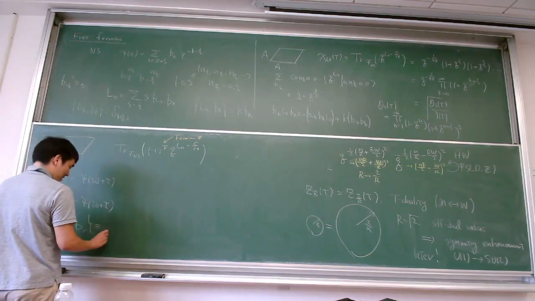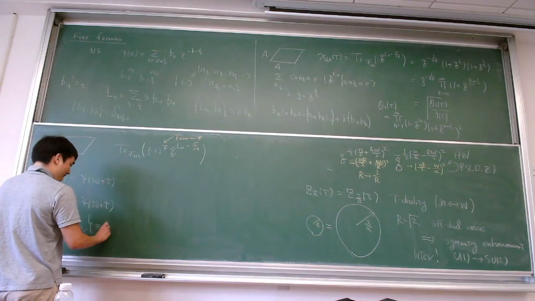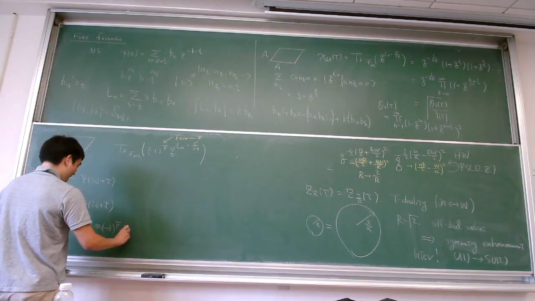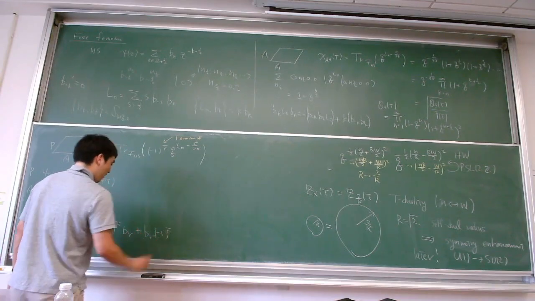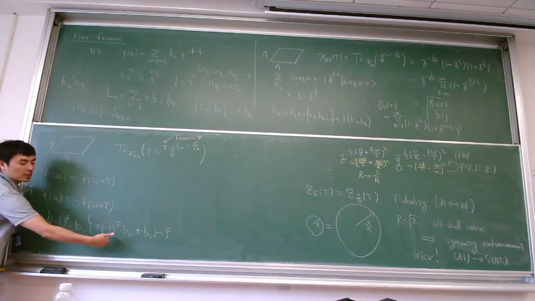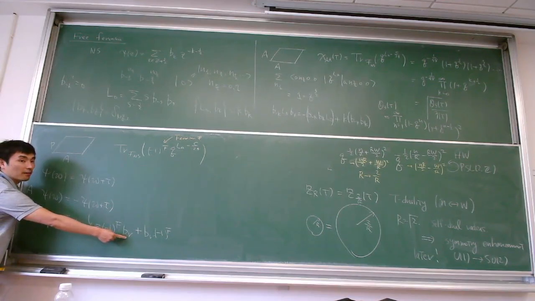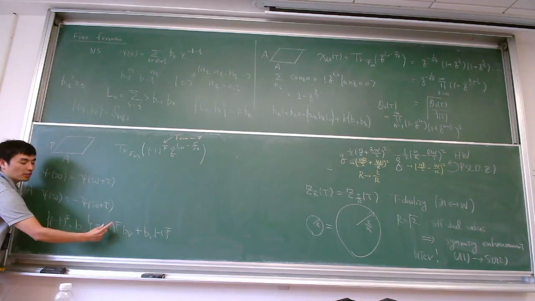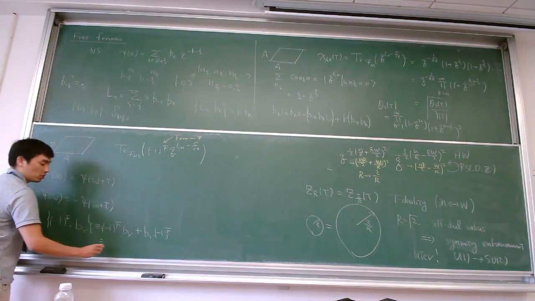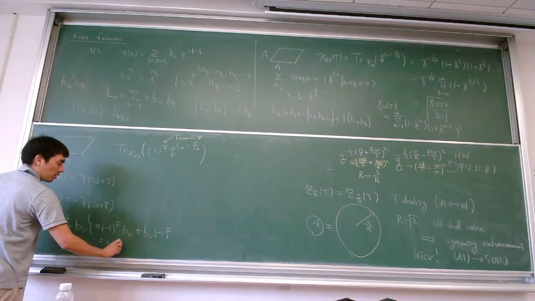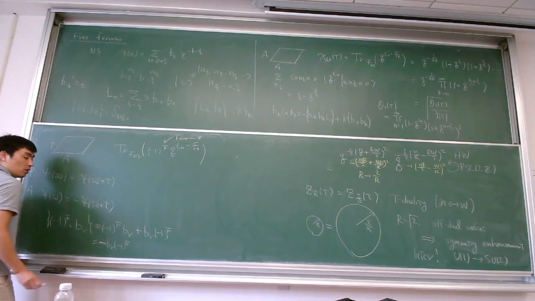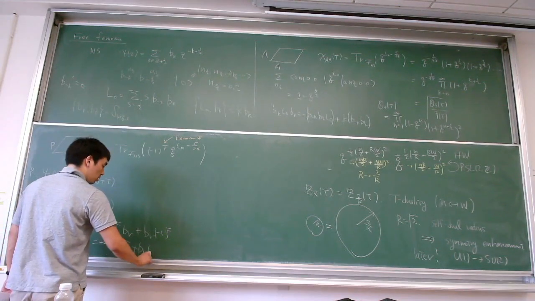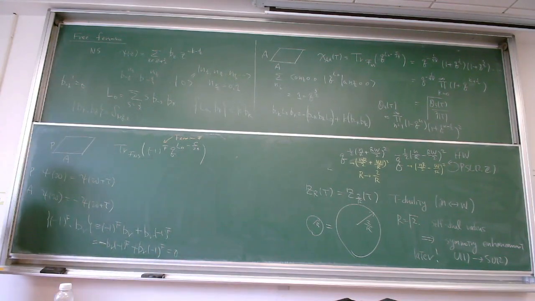And if you commute this creation operator or annihilation operator, the fermionic mode, you get the sign. This equals b_r minus 1 to the F, which is equal to a negative sign here, plus b_r minus 1 to the F, so therefore this is equal to 0.